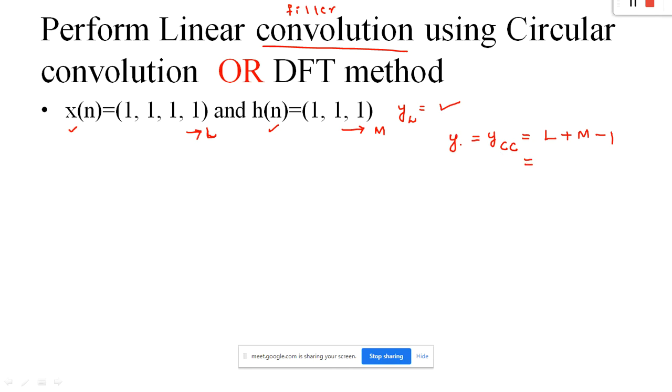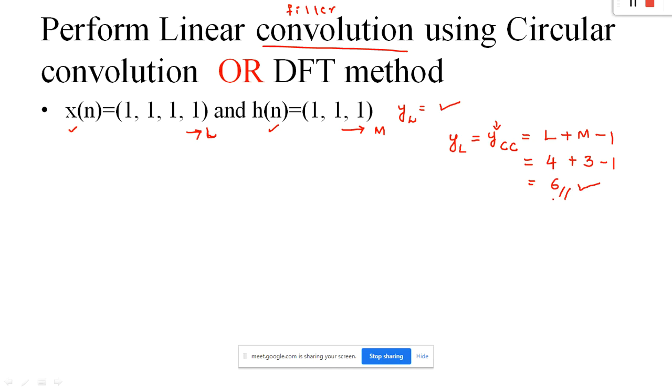I want linear filtering by using the DFT method, which is nothing but performing a circular convolution, which means the length must be equal to L plus M minus 1. In this case, the length L is equal to 4 and M is equal to 3, so 4 plus 3 is 7, minus 1 is 6.